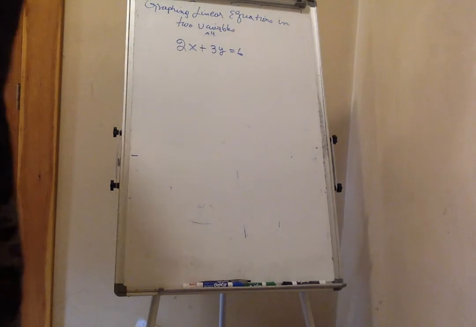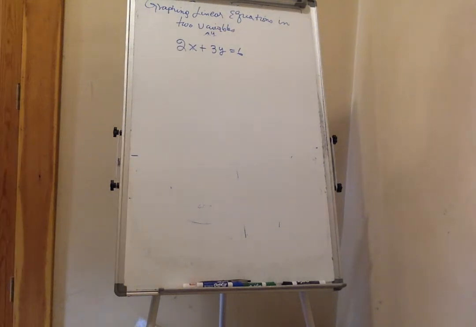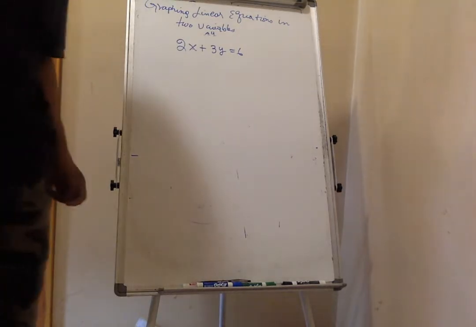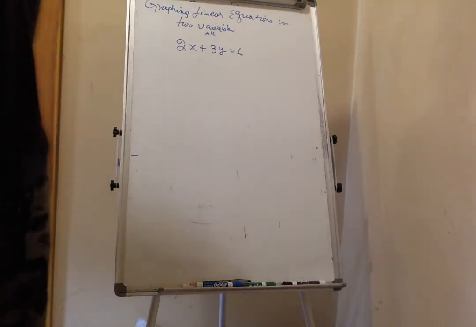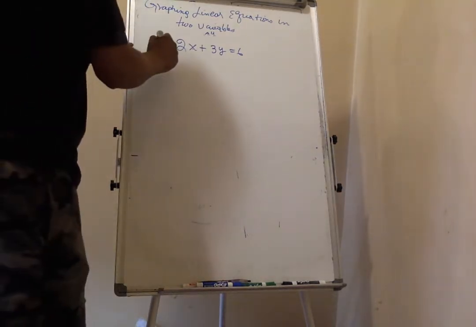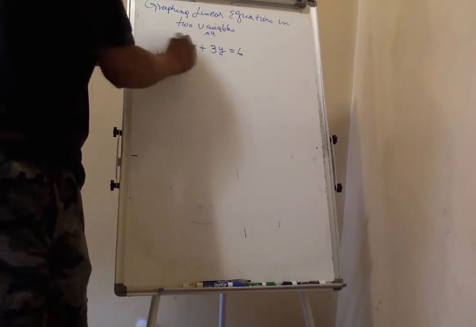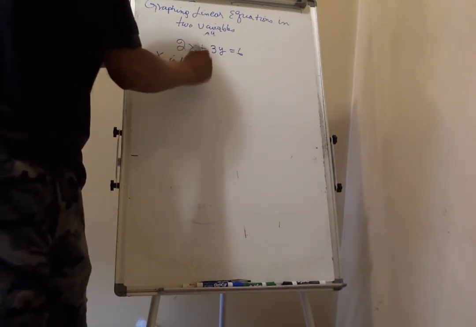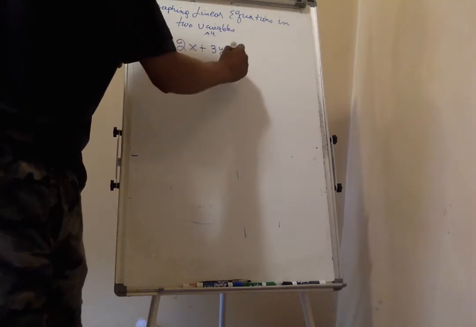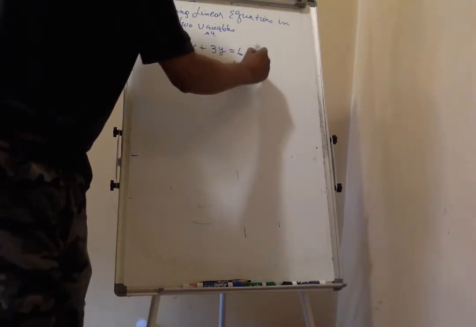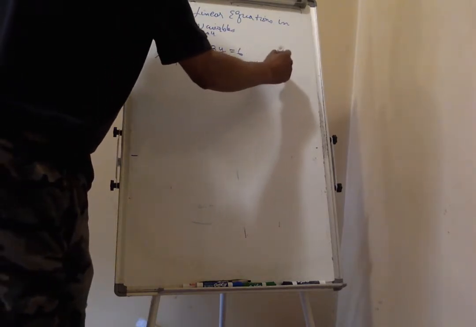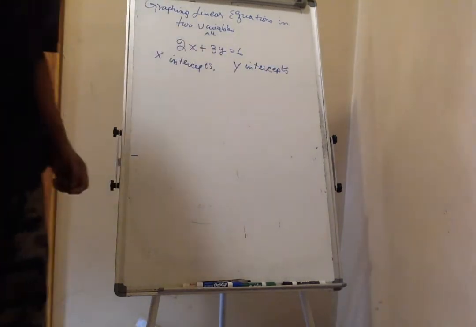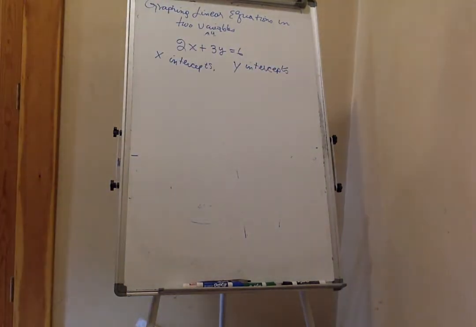So you have two variables, one is x and one is y. The easiest ones to use in ordered pairs are the x-intercepts and the y-intercepts. These are the easiest ordered pairs that we can use in order to sketch a graph.